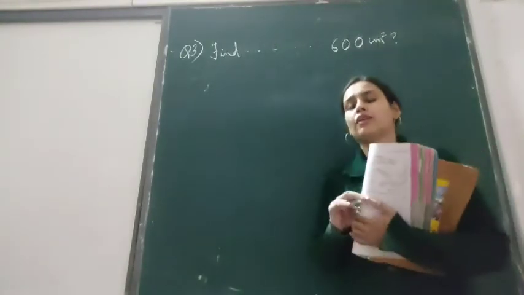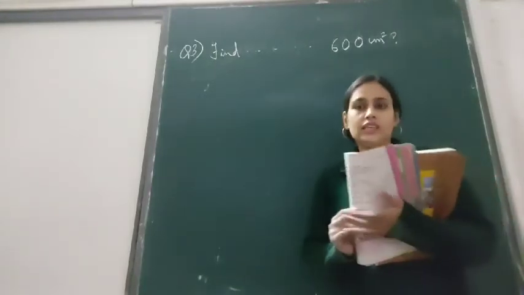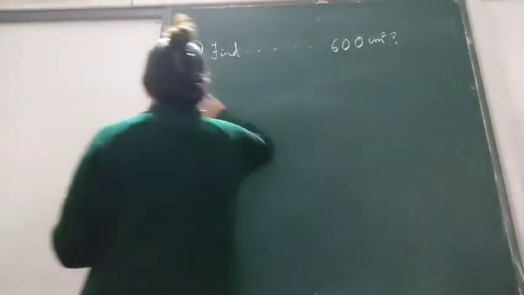Very simple. From the formula of the surface area of the cube, we will get the length of each side of the square. So what is given?